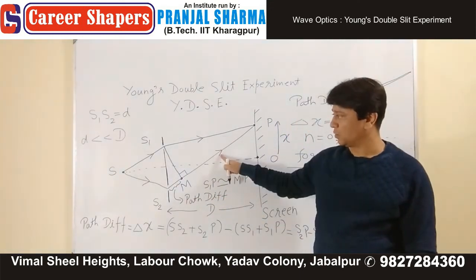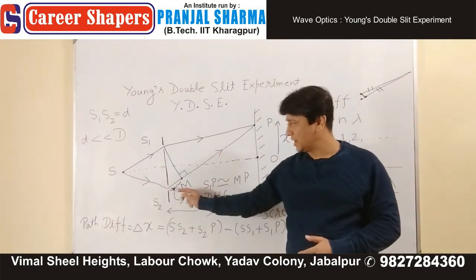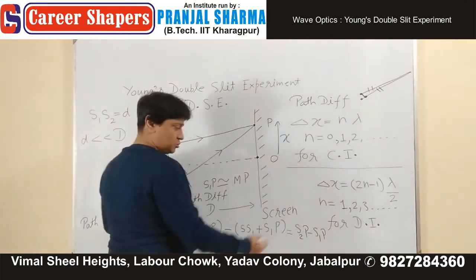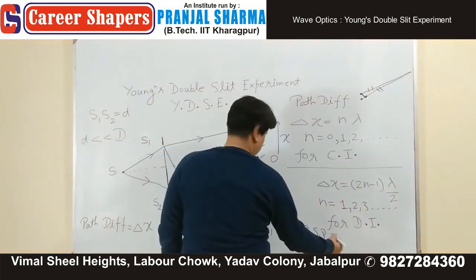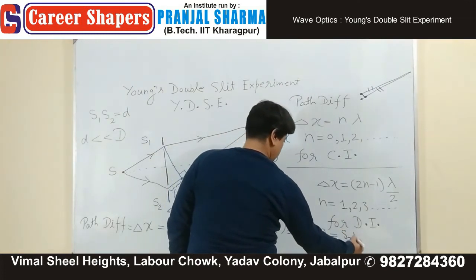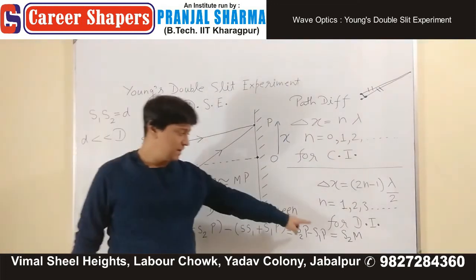These two are equal. These two are equal. So what is the extra? S2M is the extra thing. So this S2P minus S1P is simply S2M. So aim is to find S2M.